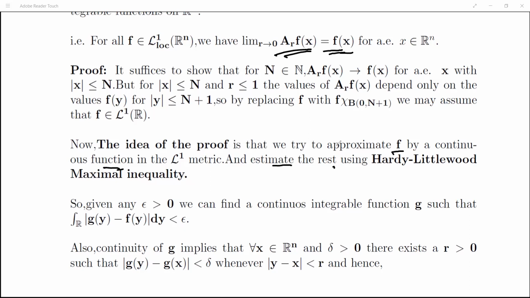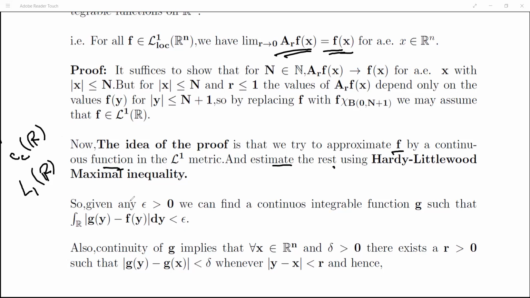So how do you approximate it? How do you approximate a function in L^1 by a continuous function? That is very easy. You know that there is a dense subspace of continuous functions, right? For example, C_c(R^n), the compactly supported continuous functions, is dense in L^1(R^n) in the L^1 norm.